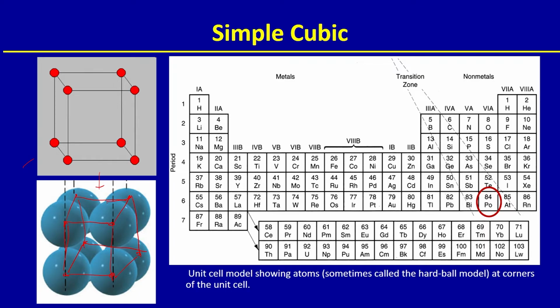But unfortunately, there is only one metal which shows simple cubic structure at room temperature, that is polonium, very rarely observed. Why? Very simple, because the majority of the space in the simple cubic structure remains vacant. This is a hard ball model, and it tells you how atoms are arranged.